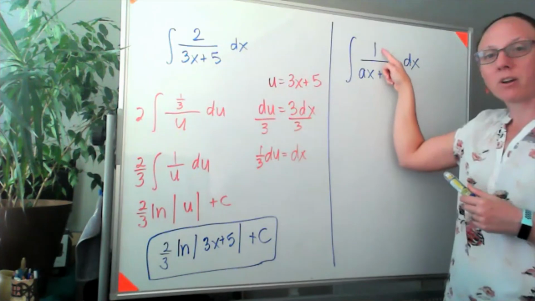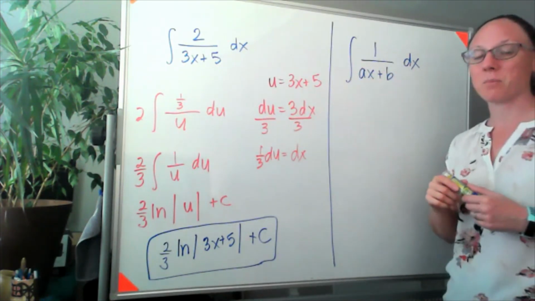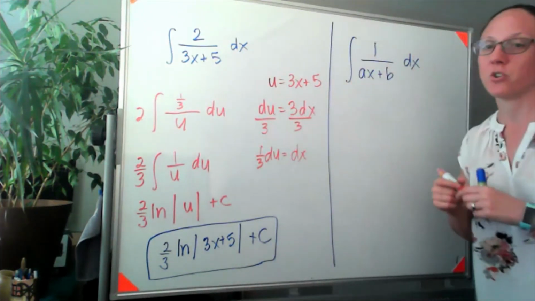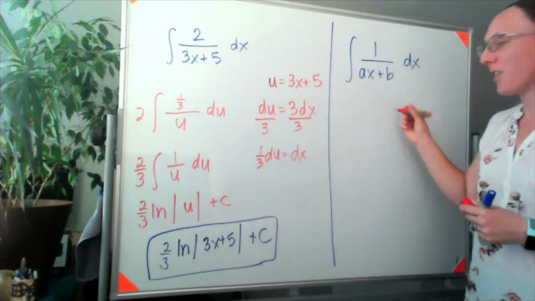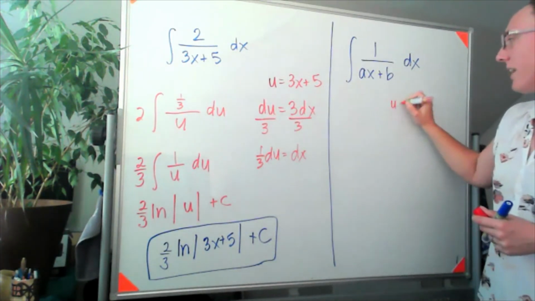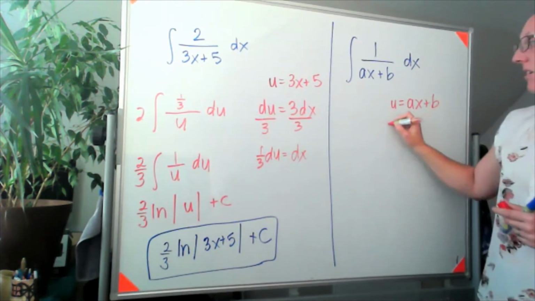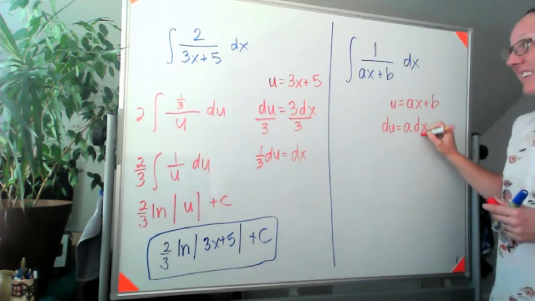If there were a number on top, we could pop it out in front of the integral. But anytime I have something that looks like this, I know that that u substitution will end up to be u is equal to ax plus b, which means my du is a dx.